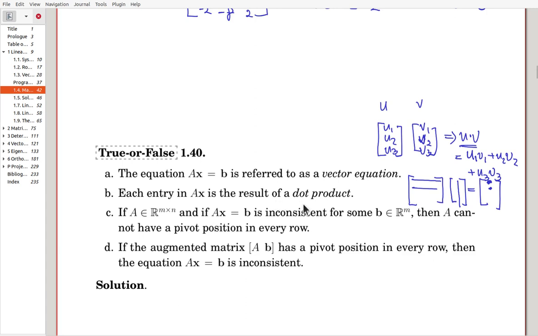So it is true. We'll study dot product later in detail.